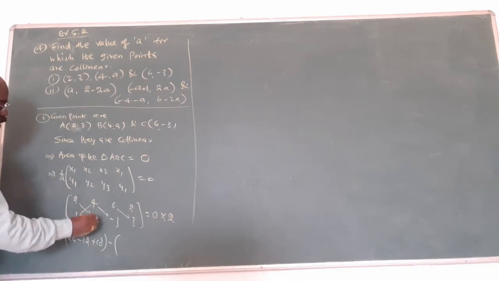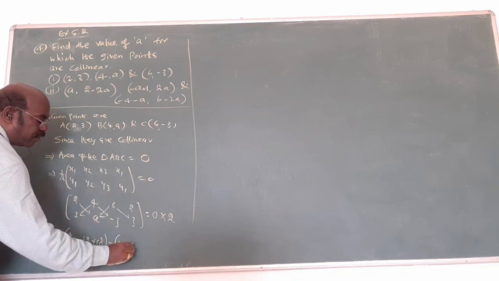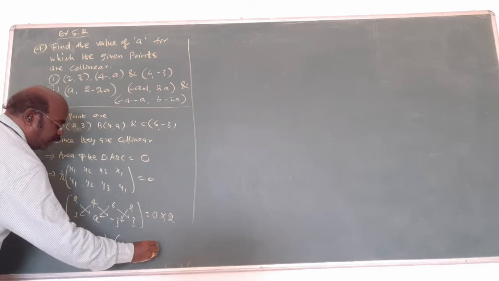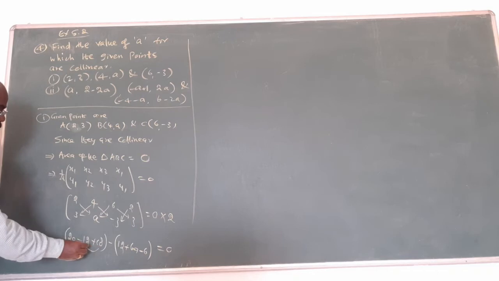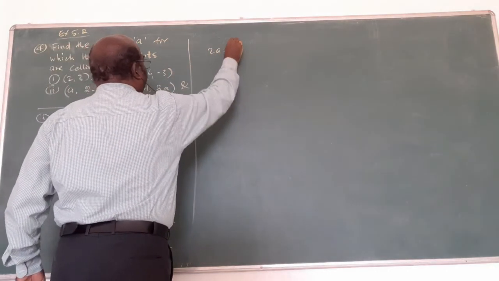2A minus 12 plus 18, minus 12, minus 6. Now 2A is there, 2A minus 12 plus 6, so 2A plus 6.